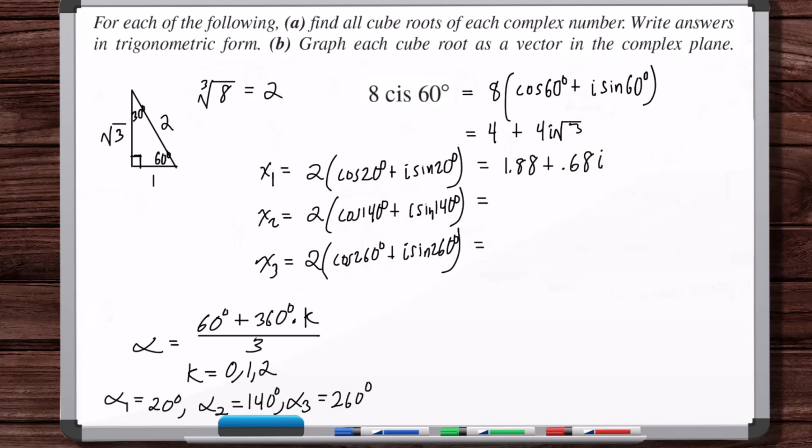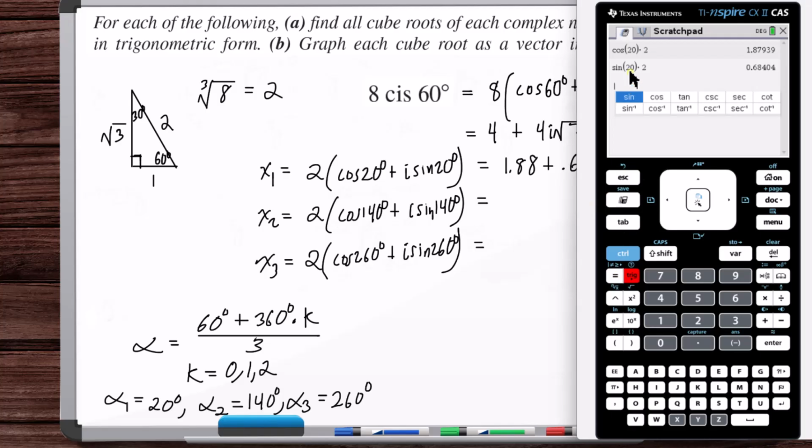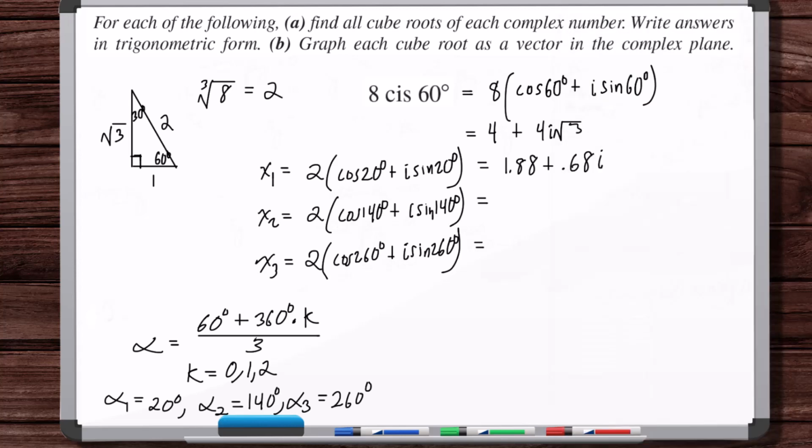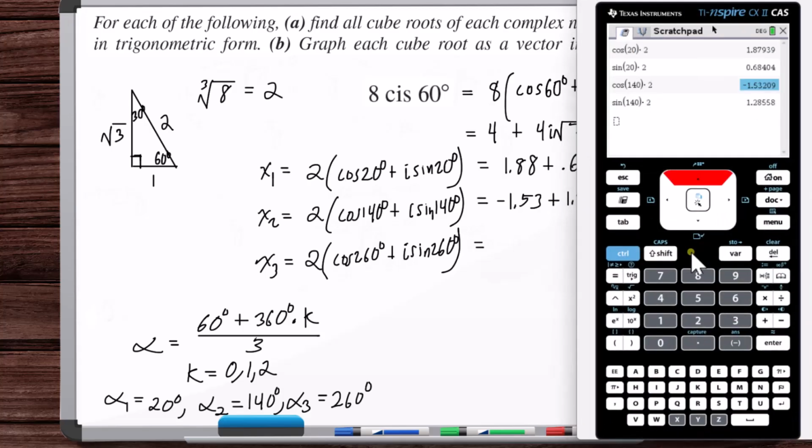Okay, now let's see. Cosine 140 times 2, and then sine of 140 minus 1.53 plus 1.29i. Okay, now let's see.